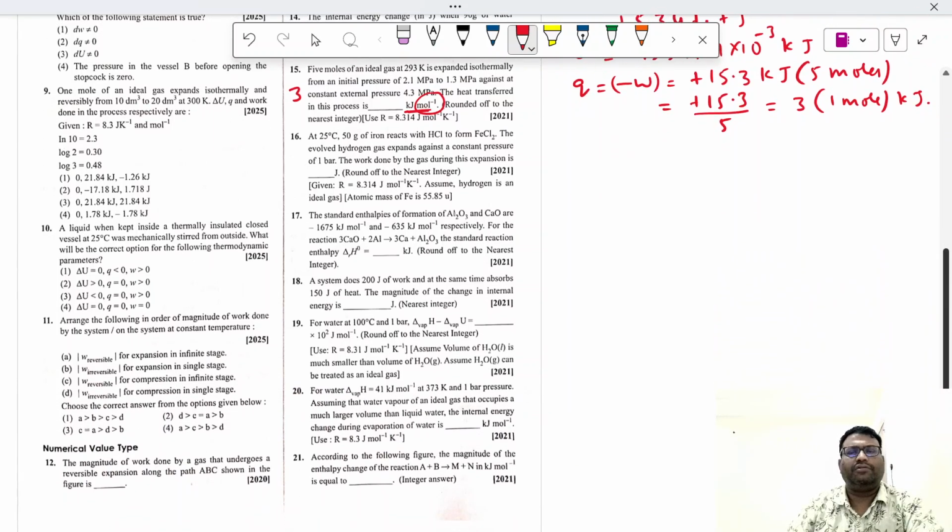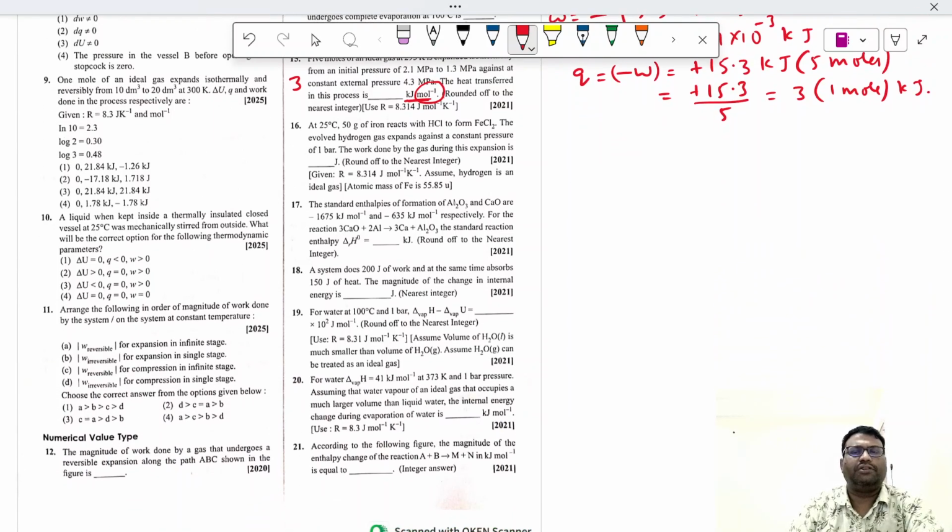Coming to the next question, question number 16. At 25 degrees centigrade, 50 gram of iron reacts with HCl to form FeCl2. The evolved hydrogen gas expands against a constant pressure of 1 bar. The work done by the gas during the expansion is.